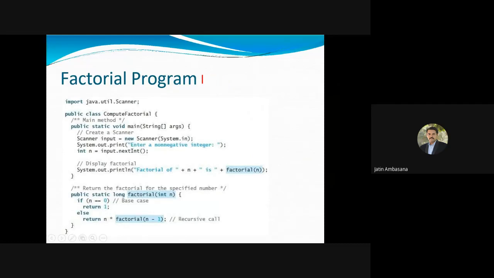It is n into factorial of n minus 1. So if the value is 4, then this call is equivalent to 4 into factorial of 3, since 4 minus 1 is 3.